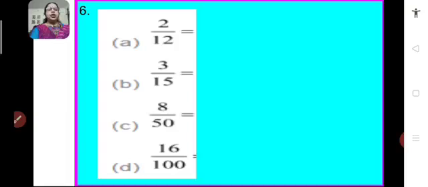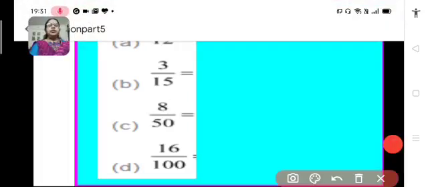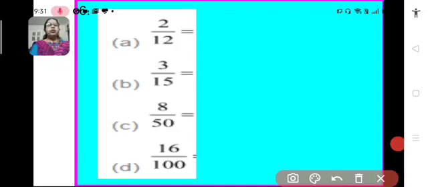We have 2 upon 12, 3 upon 15, 8 upon 50 and 16 upon 100. For the first one, if you want to convert into simplest form, what do we do? We take the HCF of 2 and 12 and divide both the numerator and denominator by the HCF. The HCF of 2 and 12 will be 2.